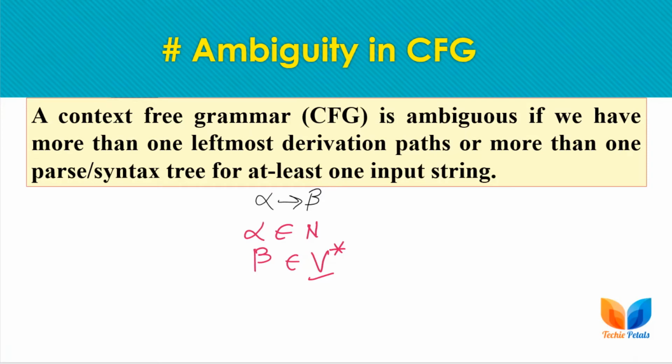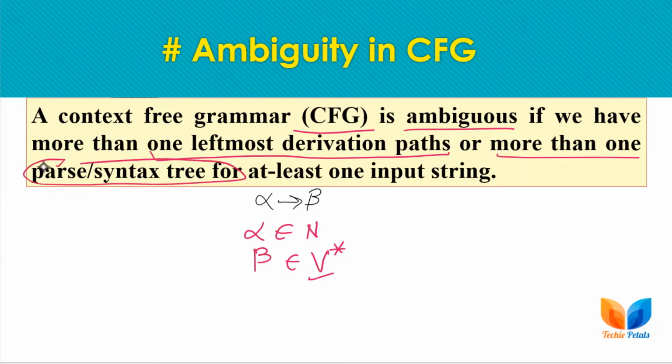We can say that a context-free grammar is ambiguous if we have more than one leftmost derivation path, or more than one parse tree or syntax tree, for at least one input string from the grammar.